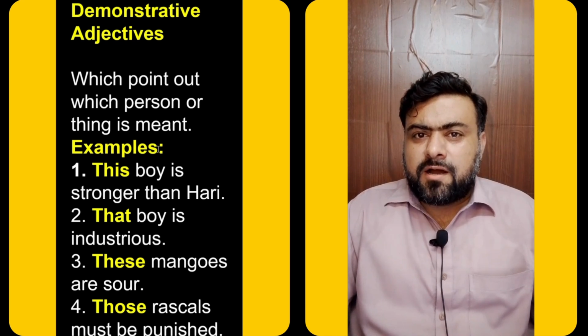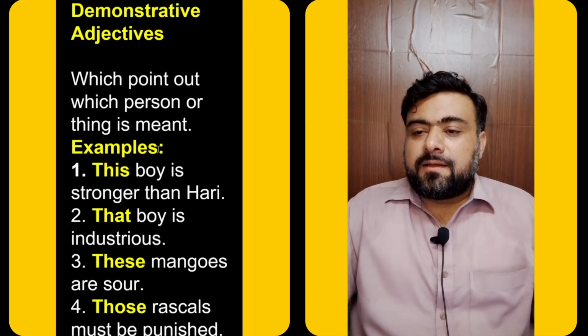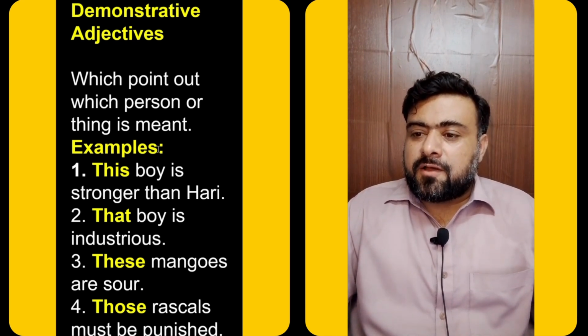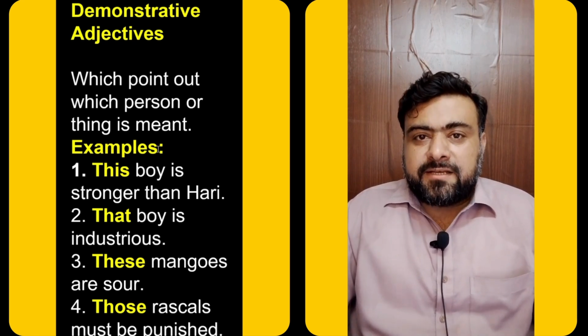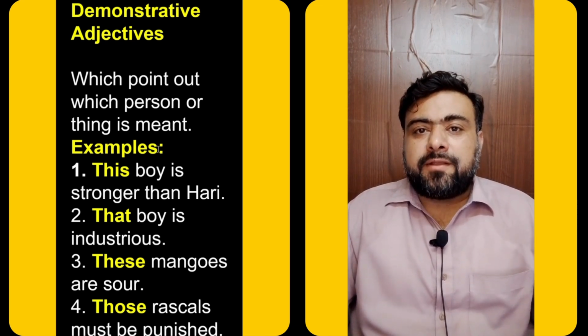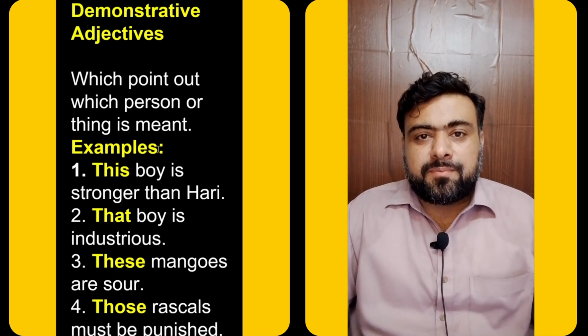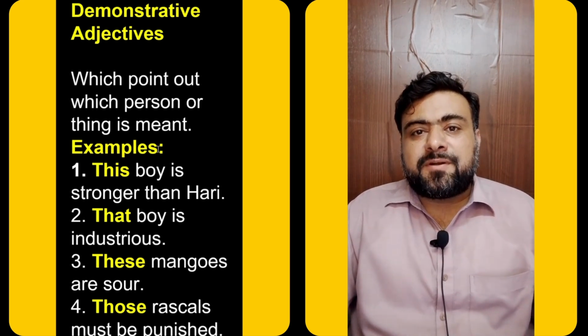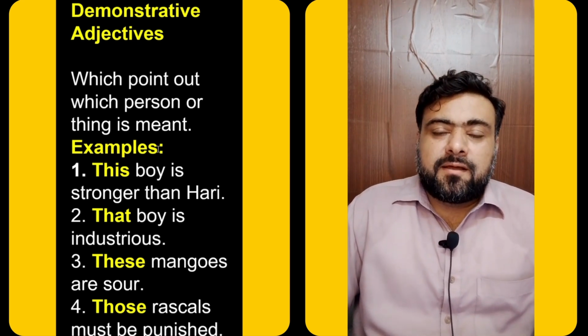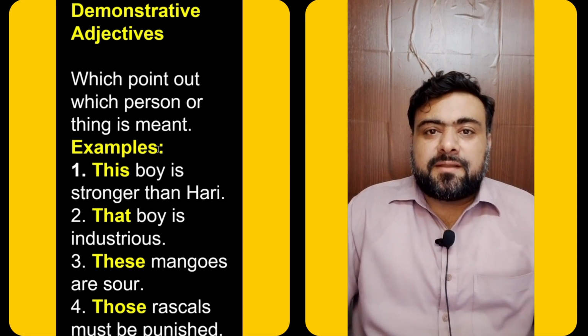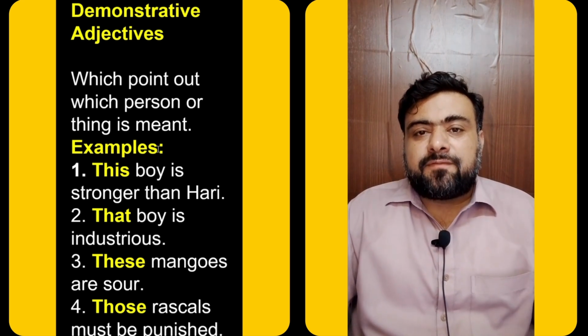Demonstrative adjectives. What are demonstrative adjectives? Demonstrative adjectives are those which point out which person or thing is meant. An adjective, when used in a way that points to a particular person, thing, place, or person, is called a demonstrative adjective. It demonstrates a noun.